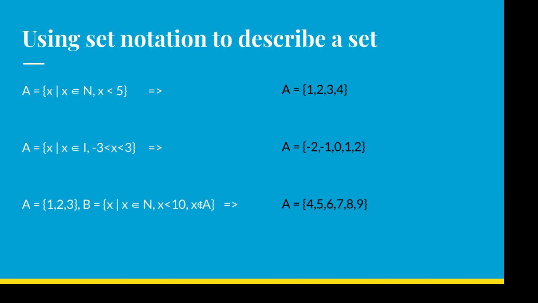You can have as many conditions lined up in there as you want. There's not a limit on how many conditions you might see listed in that notation. In the last one we've got 3: x is a natural number, less than 10, not in A. So 3 different conditions that we have to consider when we calculate what that set B is comprised of.